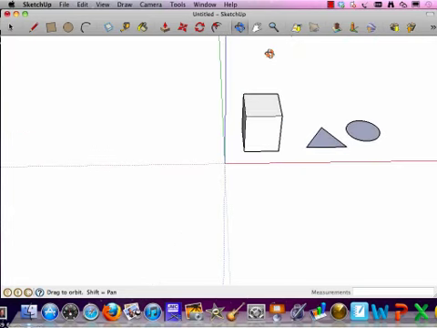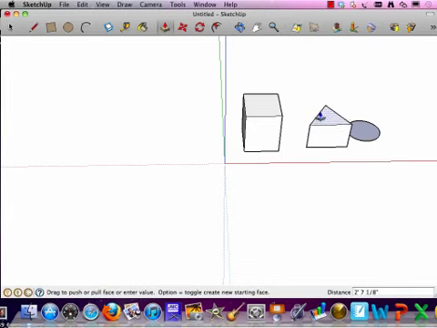So let's think about this triangle. Here I've got this triangle. We know that if I take 1/2 of the length of the bottom side, the base, times the height, then I get the area of that triangle. Then we add in a third dimension as I pull it up.